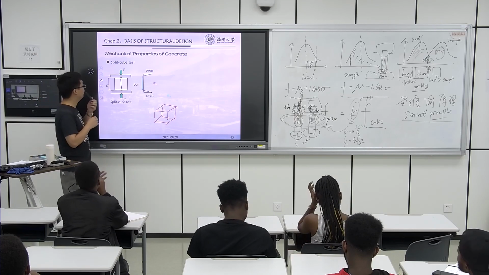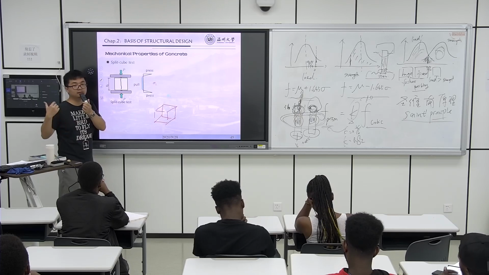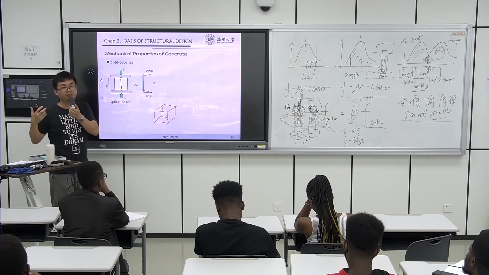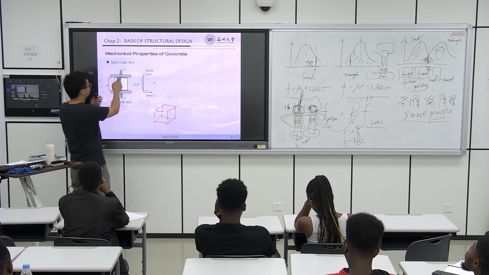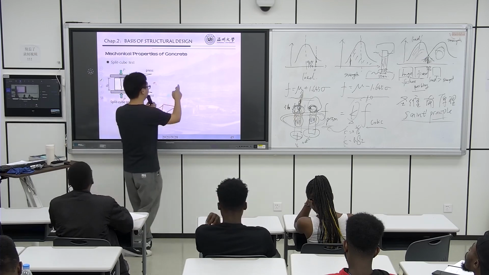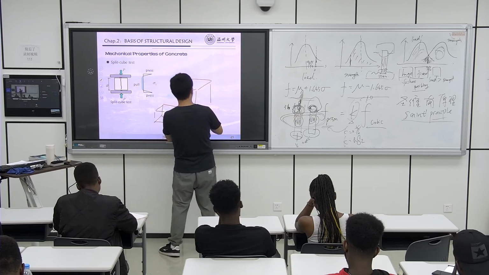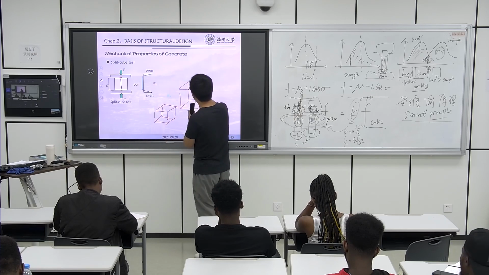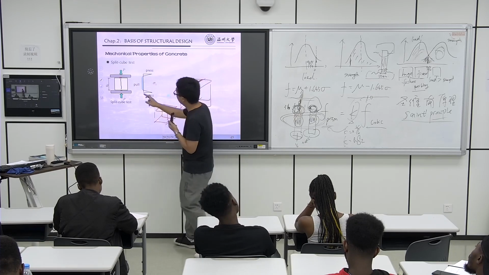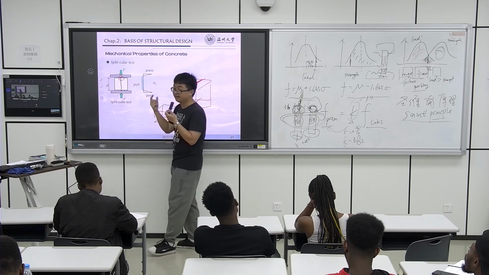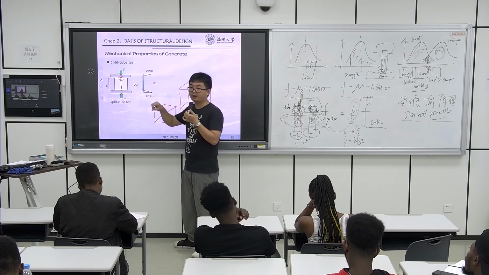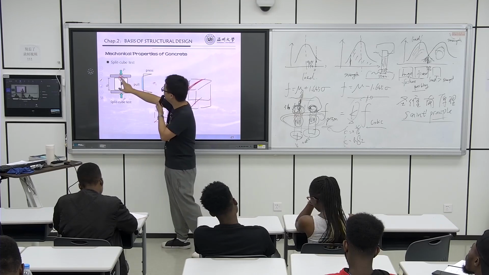The only difference is that in the compressive test, you do not put, like the yellow one, this is the steel bars on the surface.